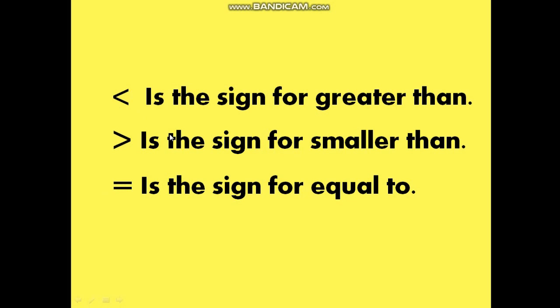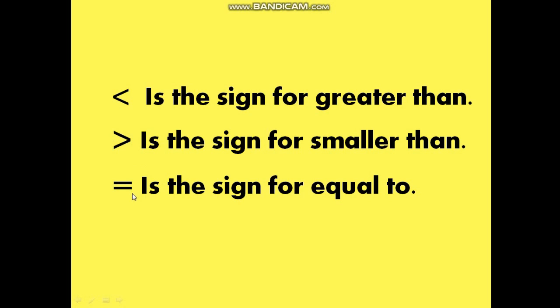This sign is for greater than. Whenever a number is greater than the other number, the sign will open its mouth towards that number. This is the sign for smaller than, so if the number is smaller, it will show its back towards the number.